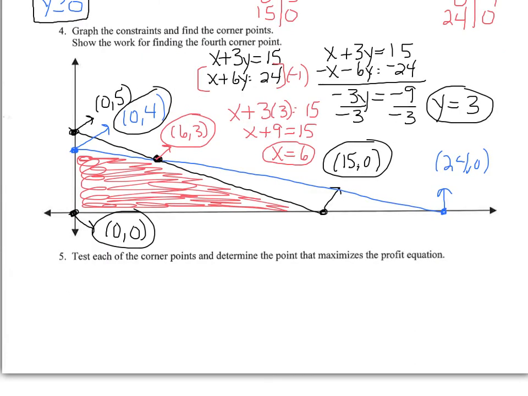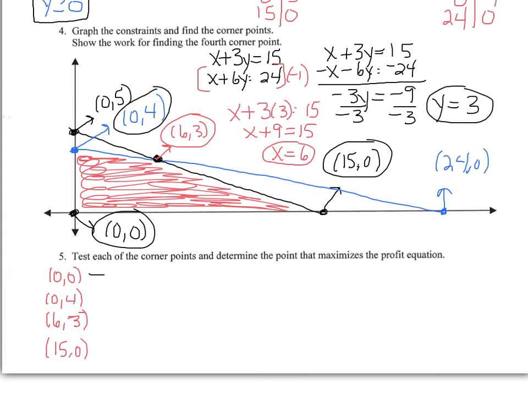Let's test each one of these corner points to see which one maximizes our profit equation. I'm going to write down my corner points over here on the left-hand side. 0, 0 was one of them. 0, 4. 6, 3 was the one I just calculated. And then 15, 0 was the other one. Let's plug all of this stuff into my profit equation, which is at the top.